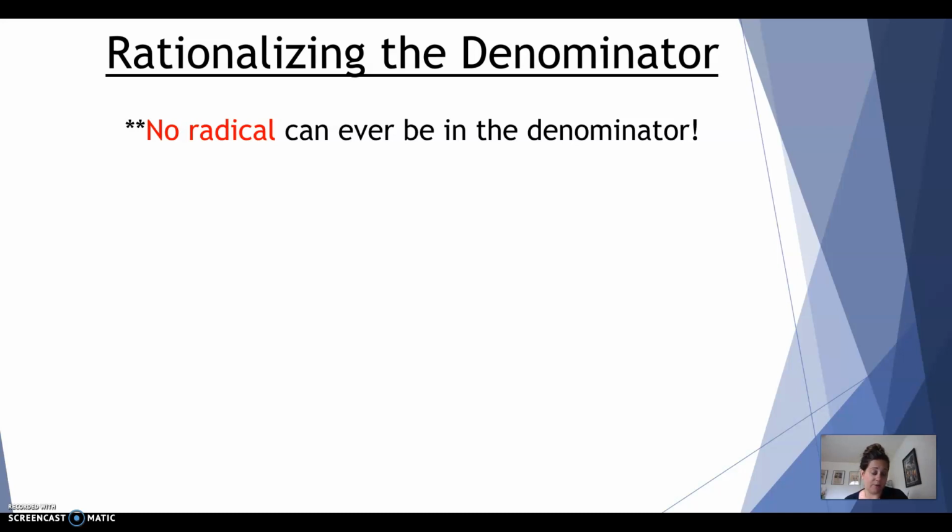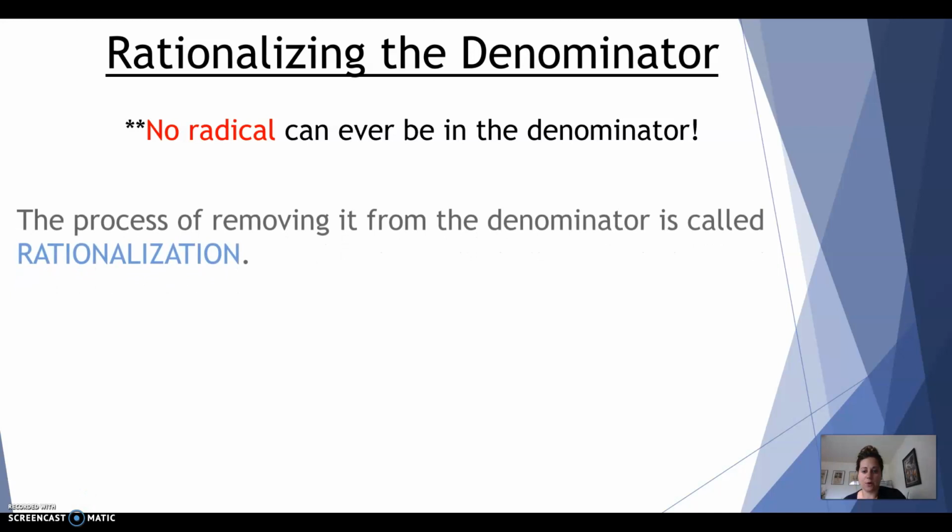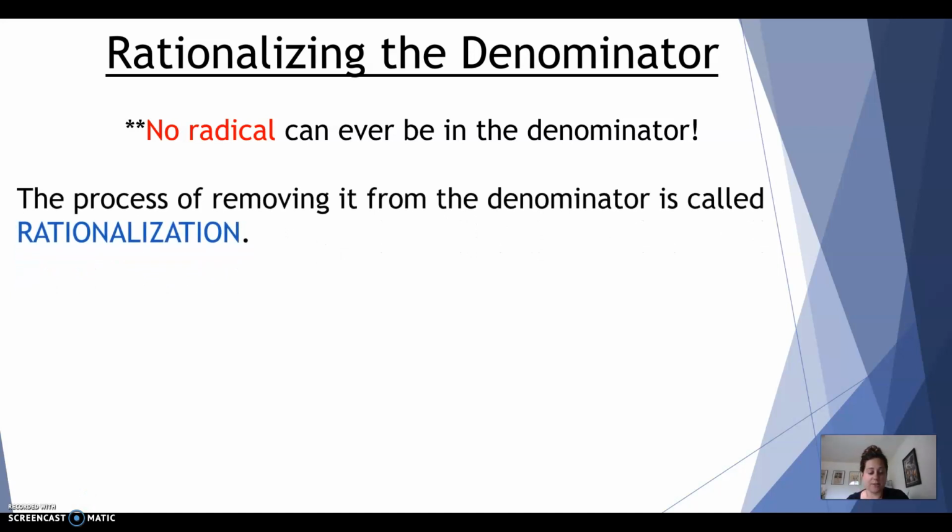It would be unsimplified. This is the same idea, where I give you a fraction and it cannot contain a radical in the denominator. If it does, it wouldn't be simplified yet. So this process is called rationalization.